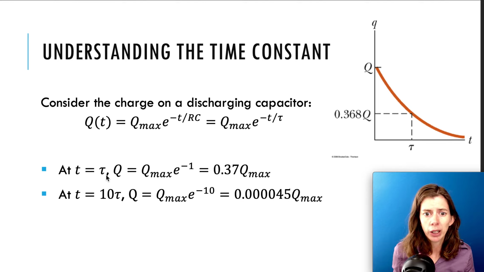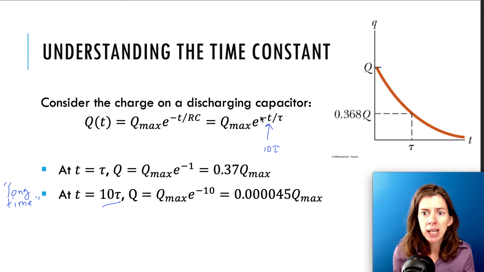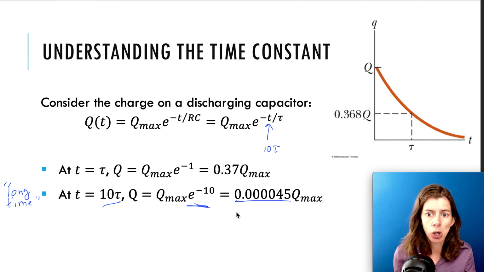Let's also take a look at what happens after a long time. Now, this is kind of subjective. What is a long time? In my opinion, if 10 time constants, or 10 tau, have passed, that's a long time. If you plug 10 tau in for time into this equation, you get e to the negative 10 tau over tau. The tau cancels out, and you're left with e to the negative 10 times your maximum charge. You plug e to the negative 10 into your calculator, and you get a very, very small number.